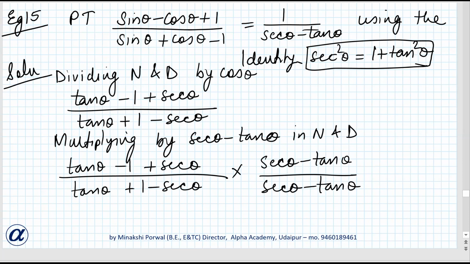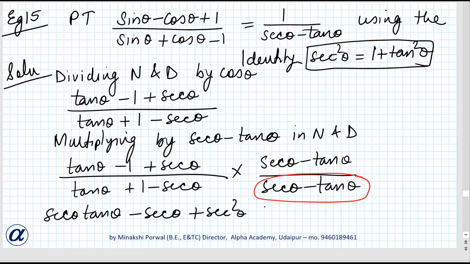So I'll not disturb this term, I'll keep it as it is, and the rest of the terms in the numerator I'll multiply by distributive property. Multiplying the first term sec theta into the entire term gives sec theta tan theta minus sec theta plus sec square theta minus tan square theta plus tan theta minus tan theta sec theta.